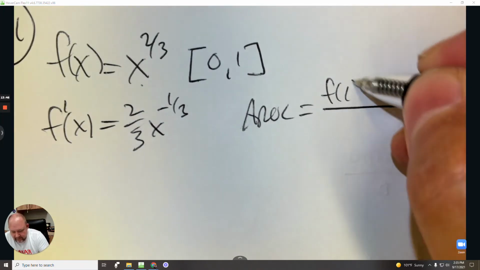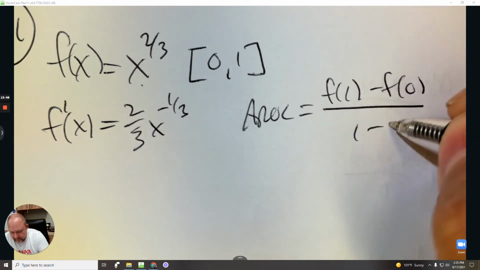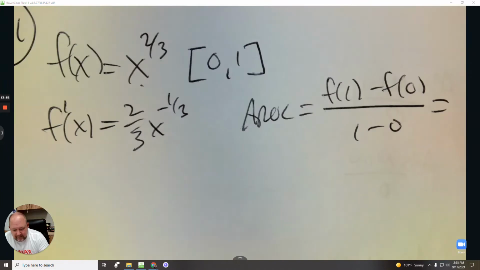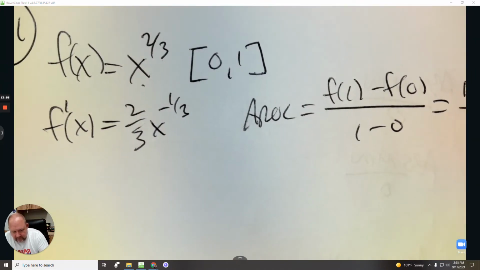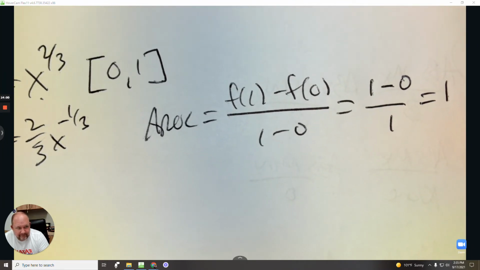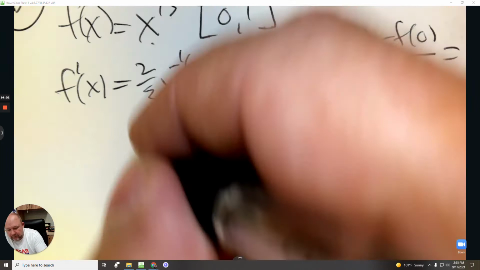So that's f at 1 minus f at 0 over 1 minus 0. If I plug in 1 to anything, the answer is 1. 0 gives me 0. So if I do all of that, the average rate of change is 1. Then I make them equal to each other.